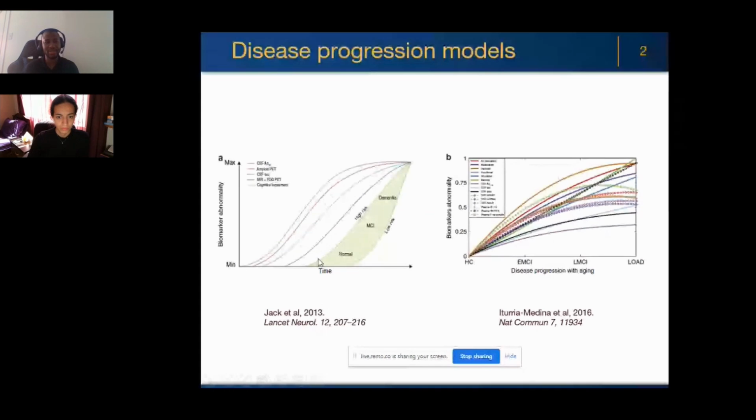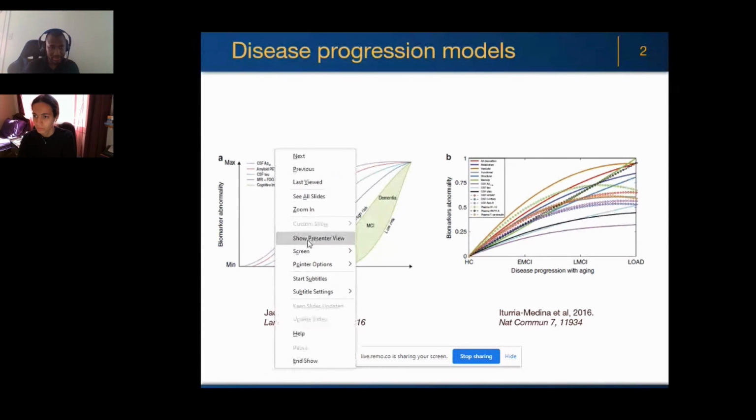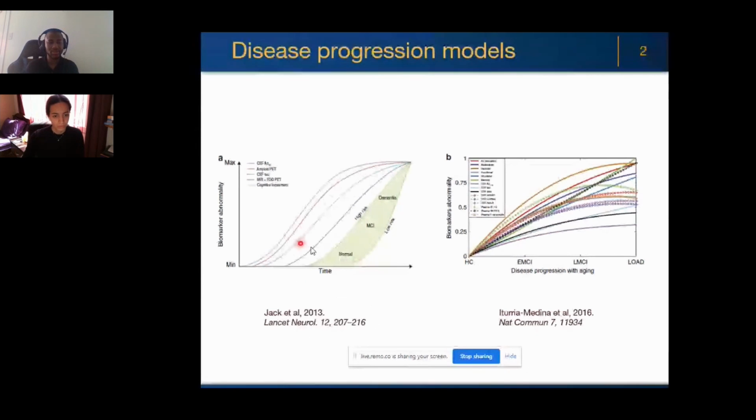There are a couple of hypotheses about the underlying cause of Alzheimer's disease, and that also extends to aging. In looking at these hypotheses, both observational models, like the one by Jack et al., and data-driven models have been used.